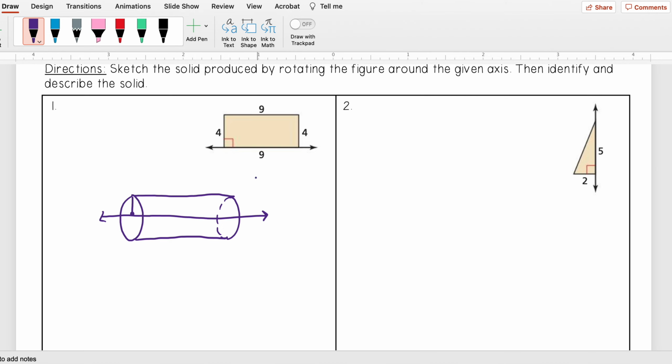Well, when I'm rotating this, I'm still going to have my height of 9 here. And then the radius of this circle base here is actually going to be 4, because this is basically the rectangle that I'm starting with right here, and then I am rotating it all around.